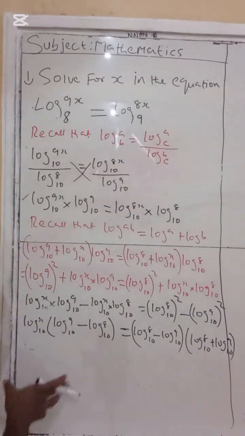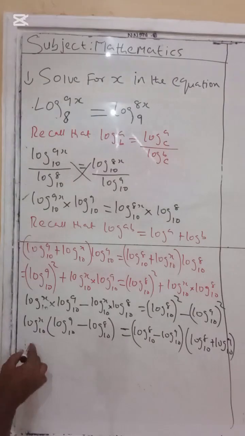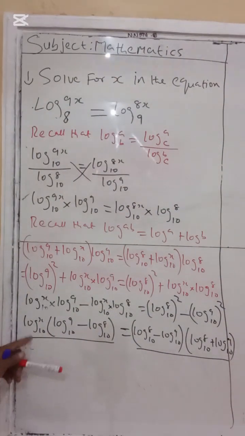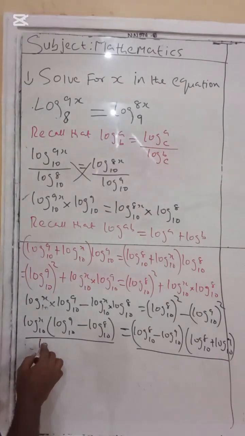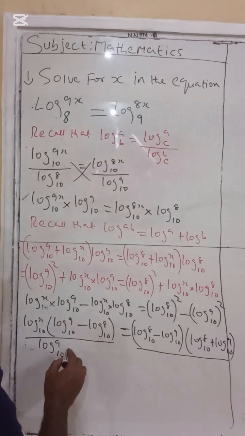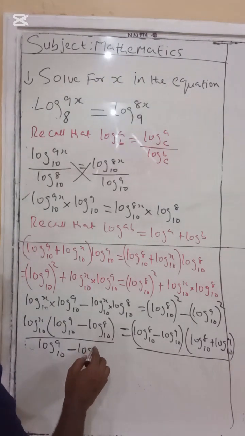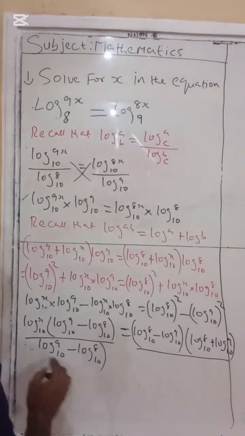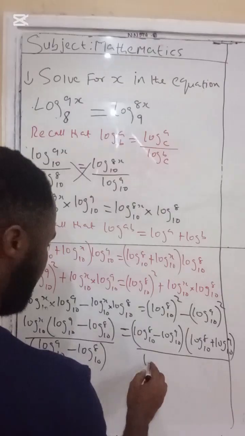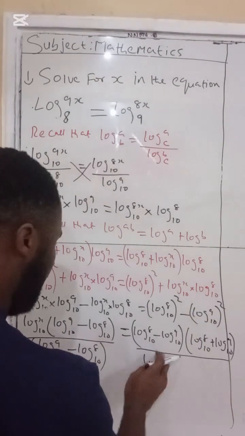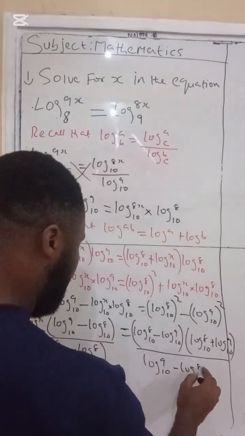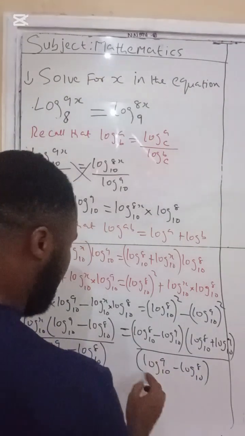This is what we call difference of 2 squared. Now to make log x base 10 the subject of the formula, we're going to divide both sides by the coefficient of log x base 10. That means we're dividing by log 9 base 10 take away log 8 base 10, all over log 9 base 10 minus log 8 base 10.